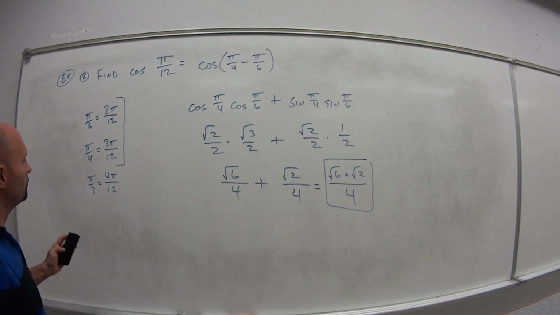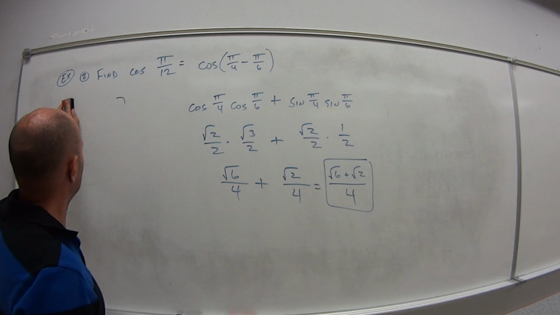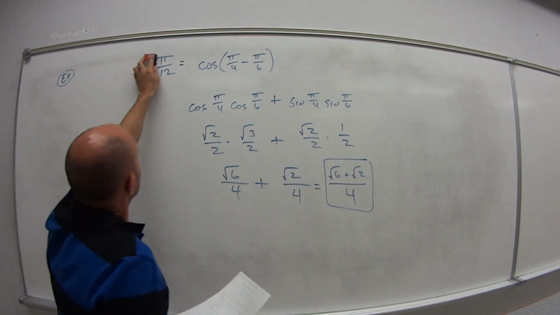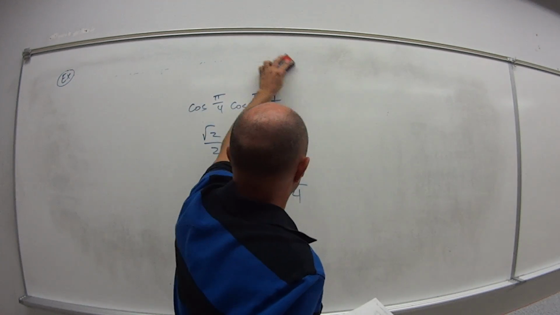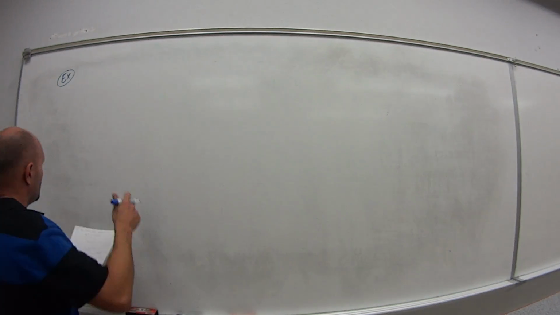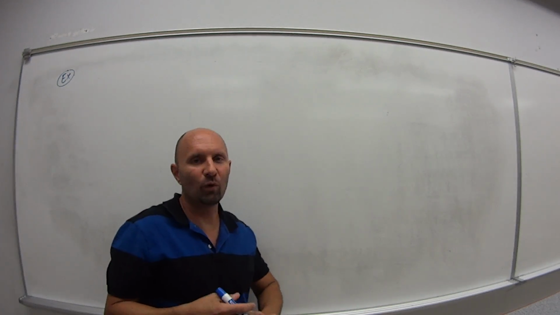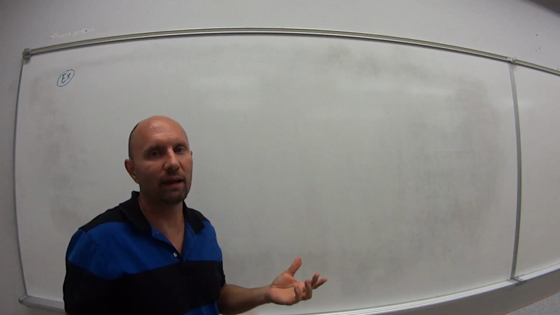All right, so that's two examples using our addition or subtraction formulas. So one more example for this first video, and this is going to be a proof now. If you remember at the start of video 1 for section 7.1, I gave you those co-function identities.